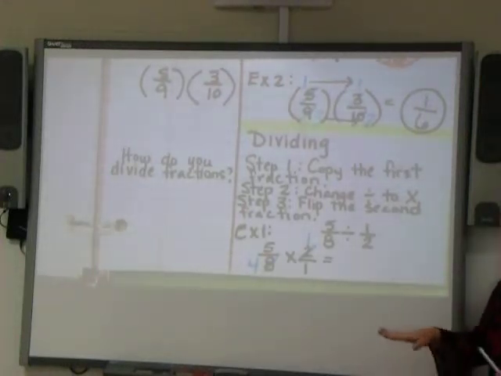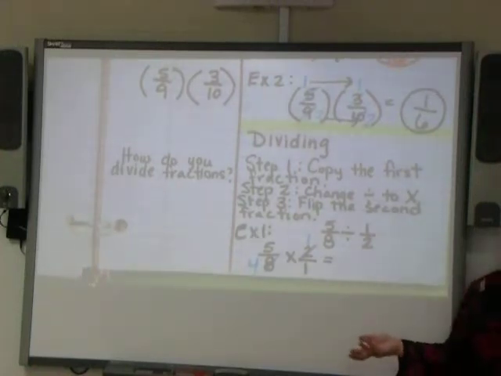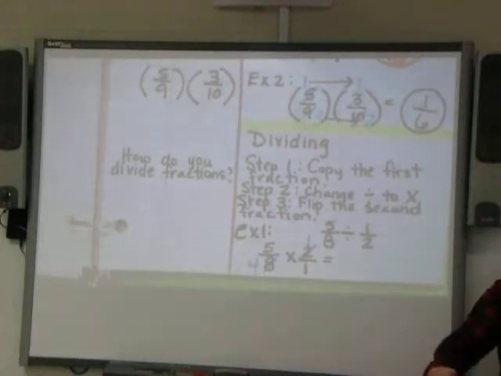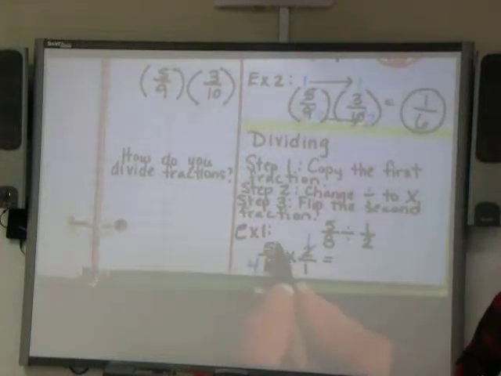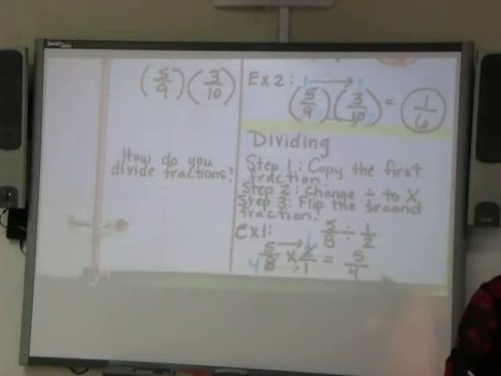So now that I've done that reducing, once I get out here, that's my answer. I won't have to simplify outside because I've already done that. 5 times 1 is 5, and 4 times 1 is 4, and so my answer is 5/4.